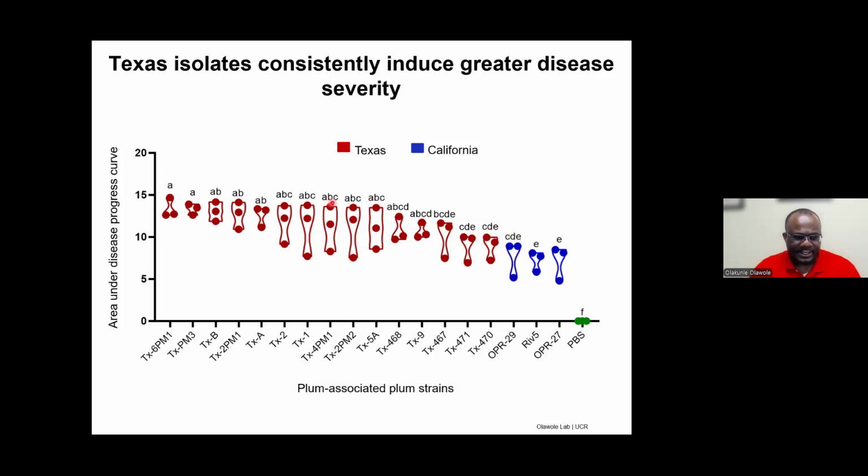The red violins represent the Texas isolates and the blue represent the California isolates. The Texas isolates occupy the upper portion of the disease severity distribution, while the California isolates cluster near the lower end. Phosphate buffered saline was used as a control.